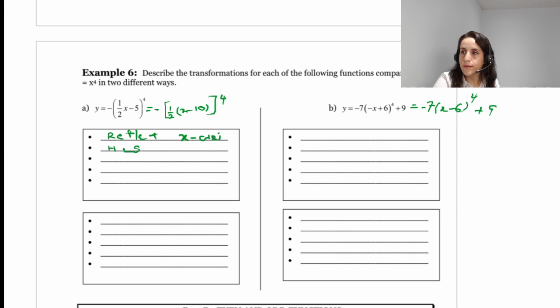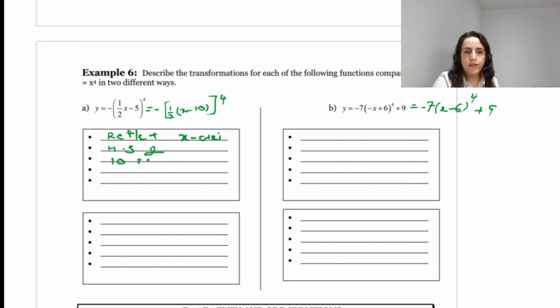Oh, again, this app is giving me a very hard time. Then 10 units right.